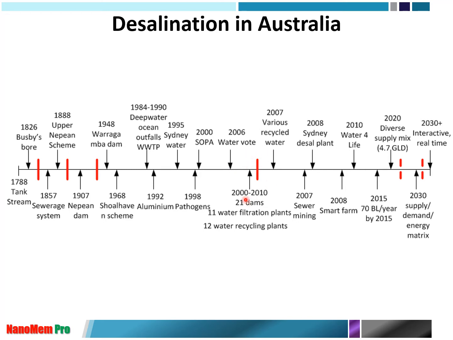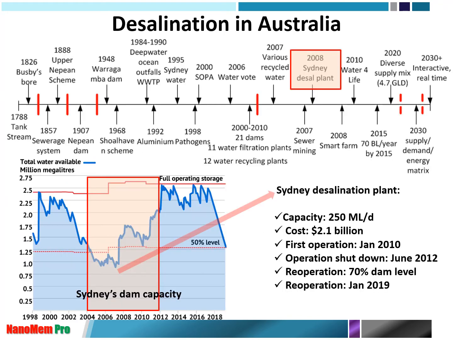So we have a lot of alternative water resources: Sydney desalination plant, water recycling, stormwater projects, and that's the way we have developed the desalination plant for the last almost 20 years because of the very severe drought.